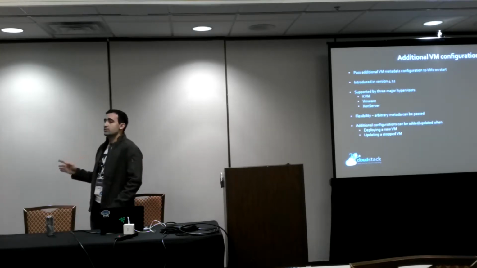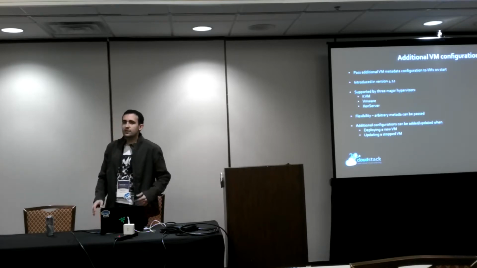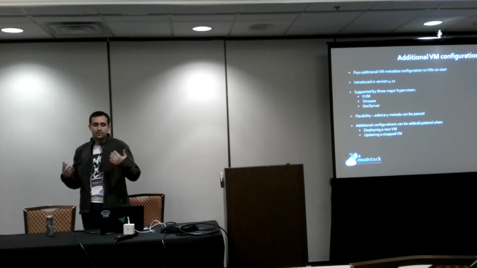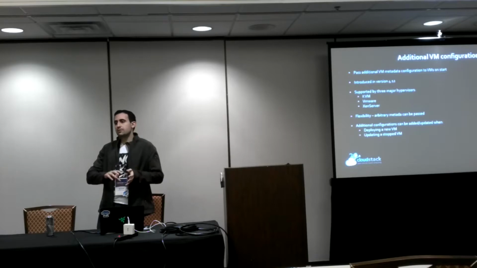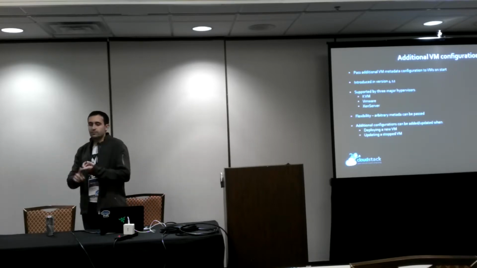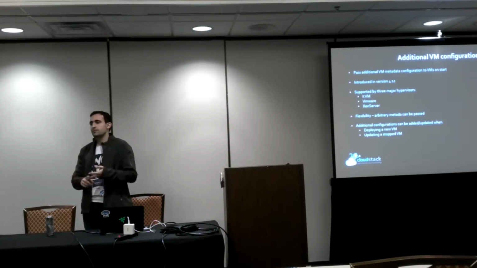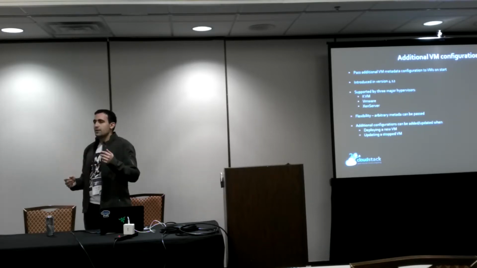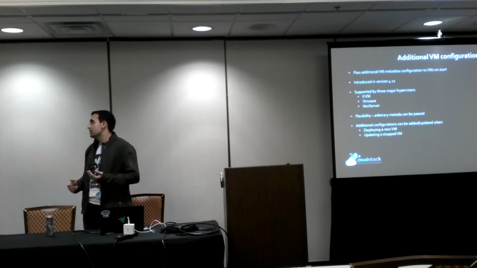This is a new feature in CloudStack, which has been recently added to 4.12, and it basically allows administrators to pass whatever they want to a VM deployment. It can be done on deployment time or in update VM, stop VM. So it supports the main three hypervisors, KVM, VMware, and XenServer. Depending on the type of the hypervisor, you can pass the additional configuration.